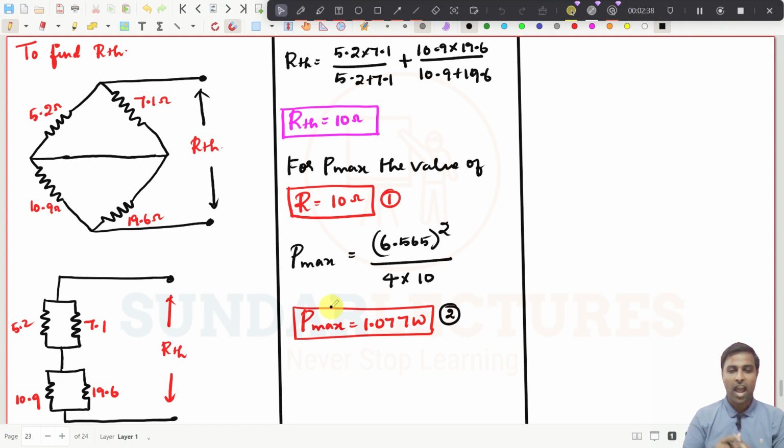That is the first thing. And if you are asked to find the maximum power that can be transferred, you need to use the formula VOC squared divided by 4 RTH. You find VOC by open circuiting the load resistance and finding the voltage between point A and point B. This is how you need to tackle the maximum power transfer theorem.